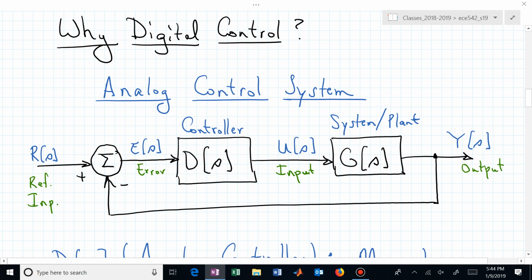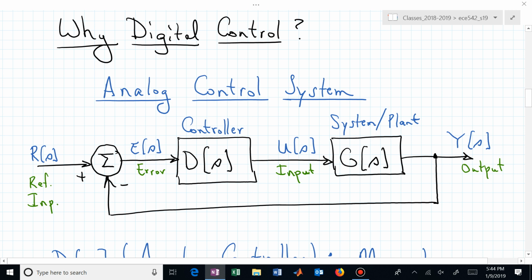Today we'll talk about how we find a system, a G of S, or something else. Maybe it will be a state space representation. In this class, it could be a set of difference equations in the form of a state space, but we will be thinking about this kind of block diagram.